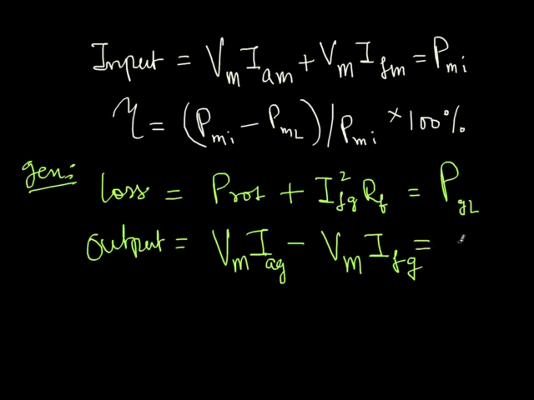So this will be my power output, PGO, power output of the generator. Now, once I know the losses and output, I can find the efficiency. So how to find the efficiency? It is nothing but output divided by output plus losses.